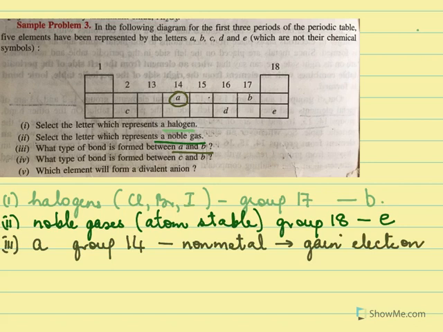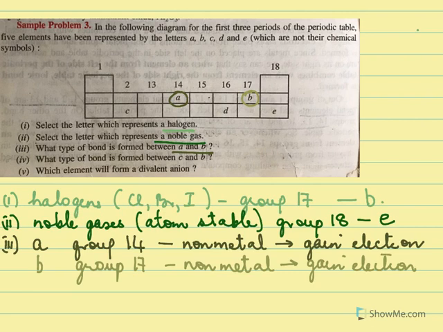Let's take a look at B. Now B is in group 17. Group 17 is also non-metal and it will also gain electrons. Now both gain electrons. A gains electrons and B also gains electrons.